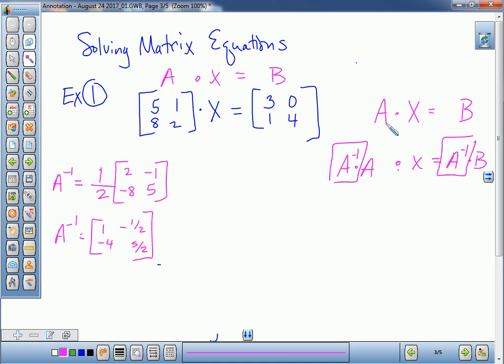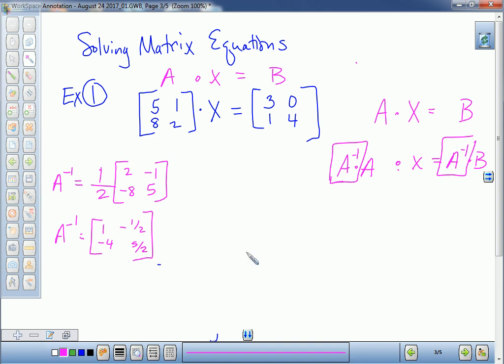All right, so this is the matrix equation we're solving. Matrix A times X equals B. So you said that we need to multiply by the inverse to eliminate matrix A so that we just have X left here. Here, order does matter. So we're going to do A inverse in front.